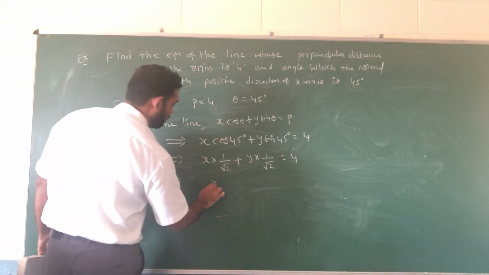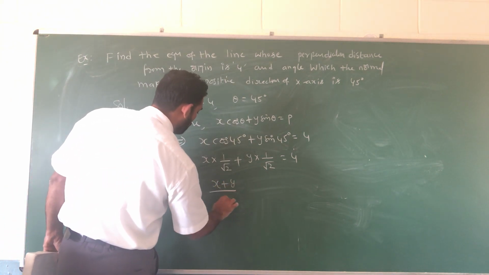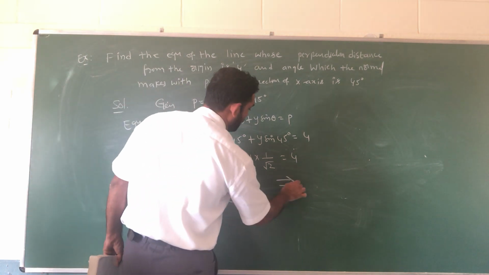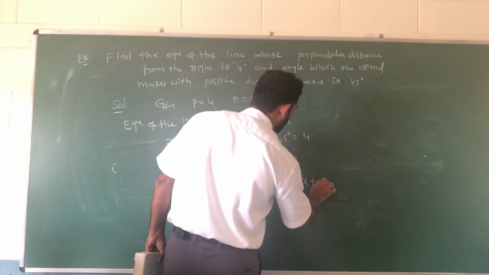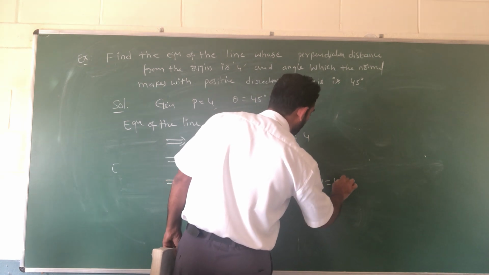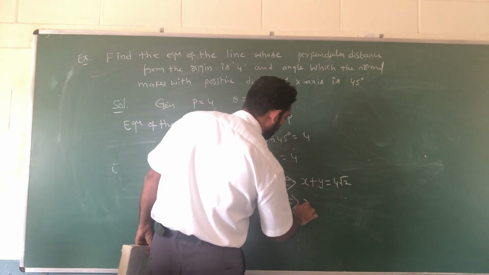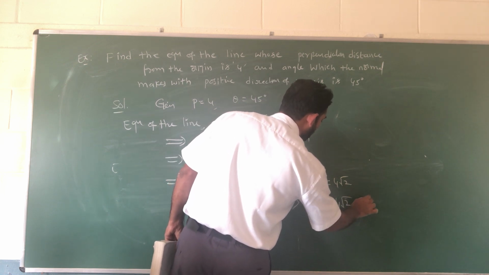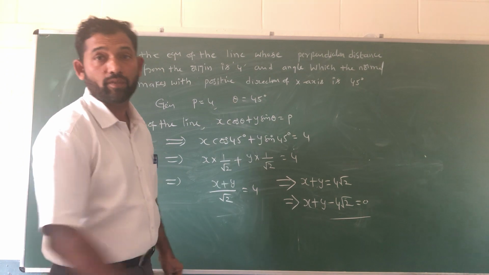Then take LCM: x plus y over root 2 is equal to 4. Simplifying, x plus y equal to 4 root 2. Again simplify: x plus y minus 4 root 2 equal to 0. That is the equation of the line.